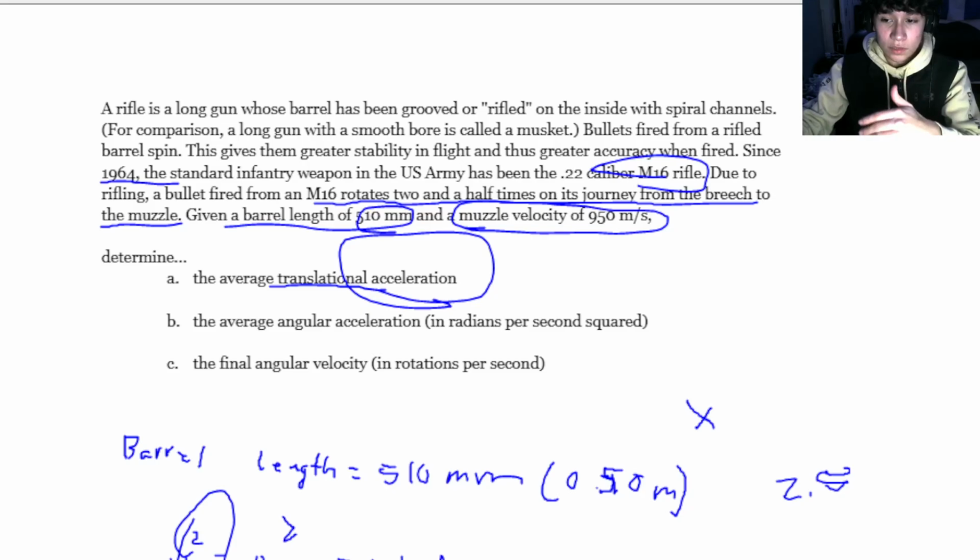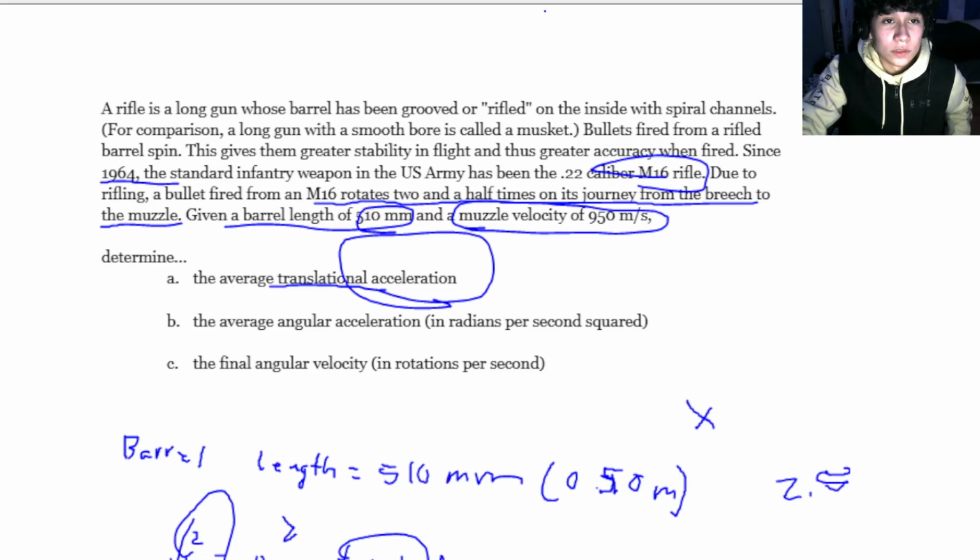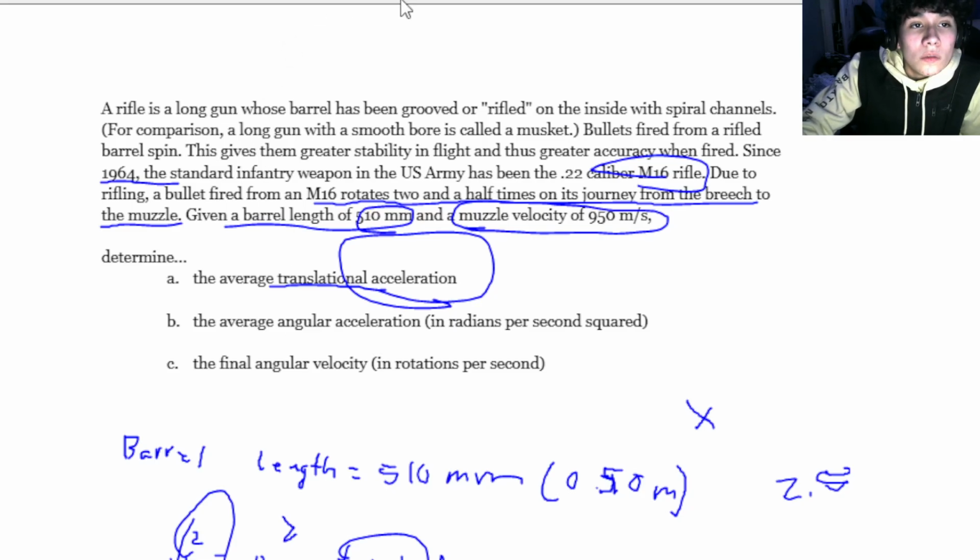So I'm going to rearrange it so that acceleration equals the final velocity squared minus the initial velocity squared, all over 2 times the displacement.